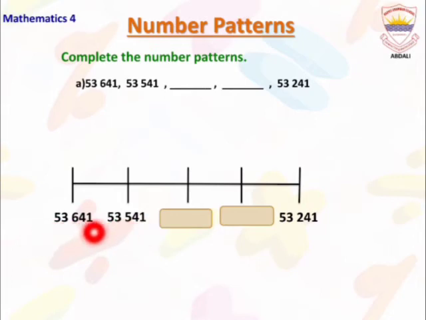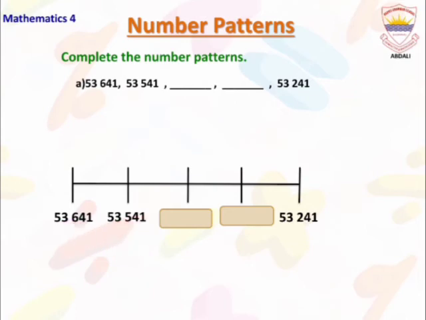First of all, we put the numbers on a number line. Now students, let's find the difference between each number. Students, do you see any difference in the numbers? Yes, the difference between each number is 100.